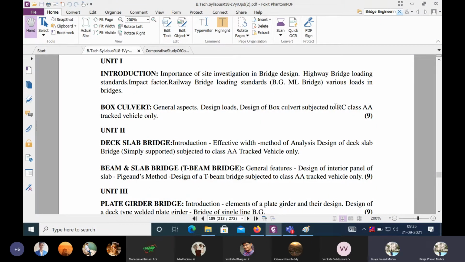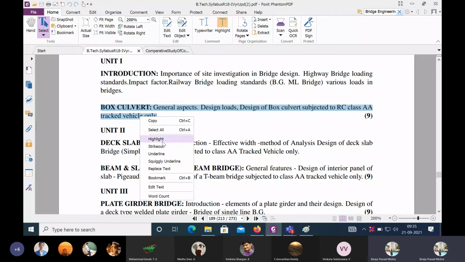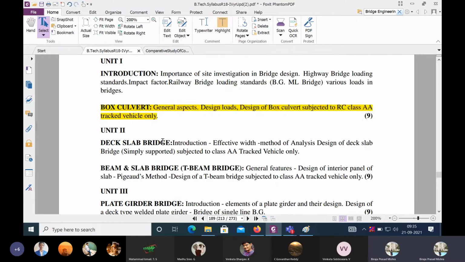This design part will always be interesting for you, and in your entire bridge engineering syllabus, this part is the easiest to learn.